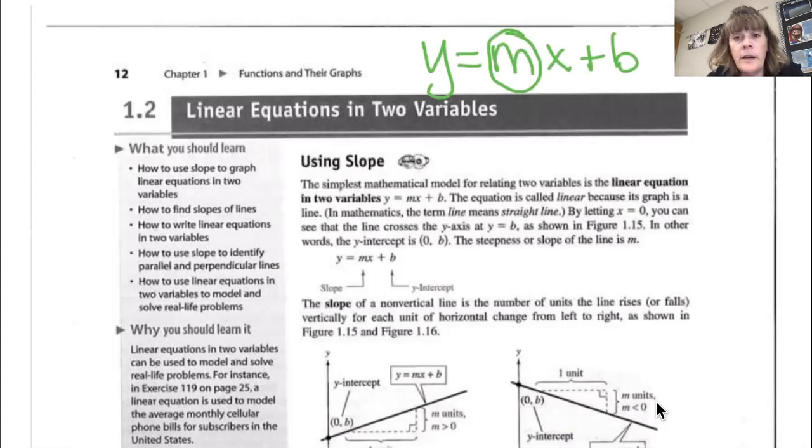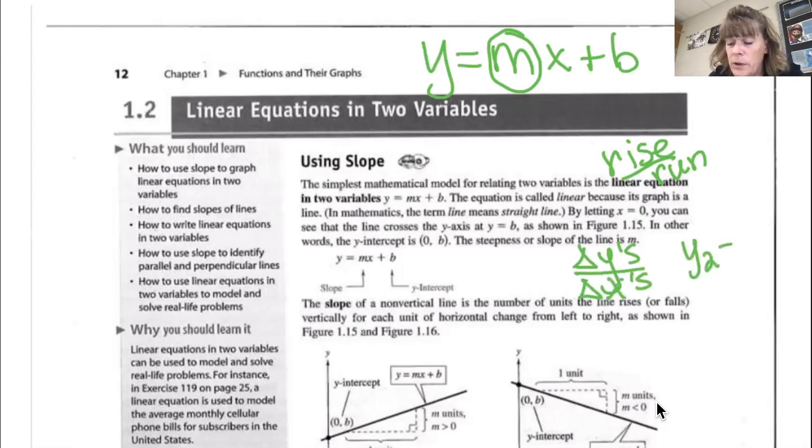That slope is the rise over the run. So it's the change in y's over the change in x's. The actual slope formula we'll be talking about later is y2 minus y1 over x2 minus x1.